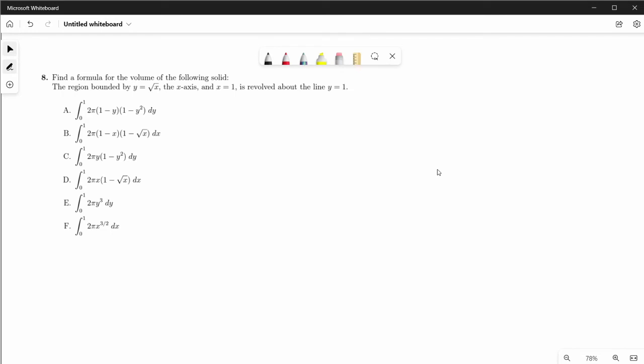For number 8, we're again given a few functions, and it's revolved around the line y equal to 1, which would be a horizontal line. So let's graph this.